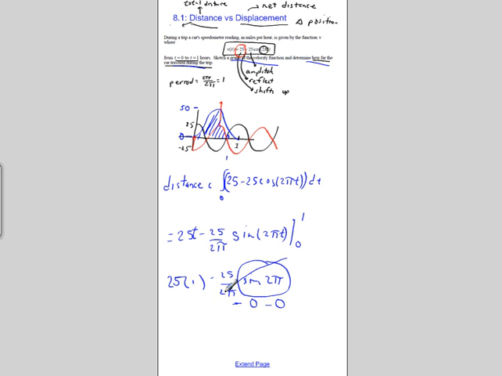So that's also 0. So what we're left with is 25.